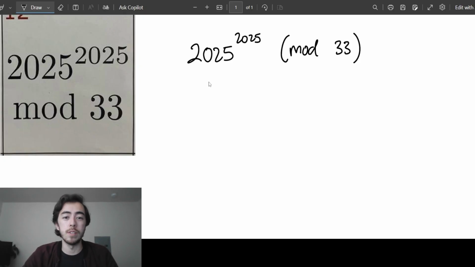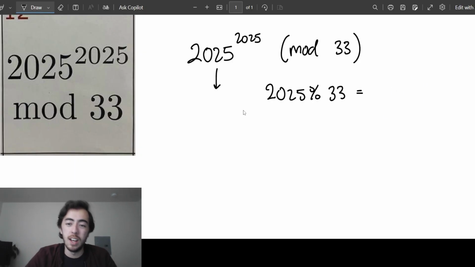So the first thing I'm noticing is that I'm not actually allowed to have the number 2025 in my modular arithmetic system. Instead, I need to figure out what this number should be, its remainder after division. And so I'll need to use this modulo operator and figure out what the remainder is.